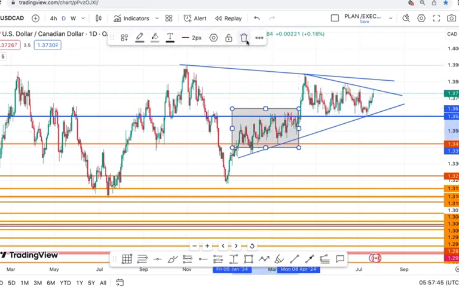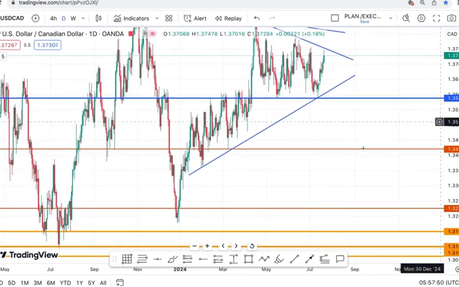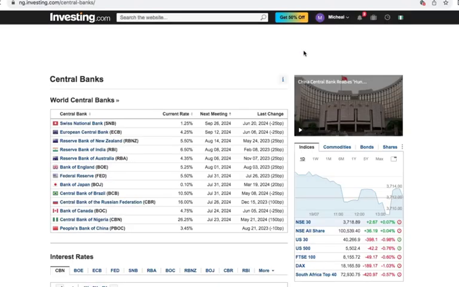Why? Because in the course of the week, the Canadian central bank cut their rates. Let's go to investing.com. If you see Bank of England, they did what? They cut rate by 25 bps. And look, the Fed paused theirs.